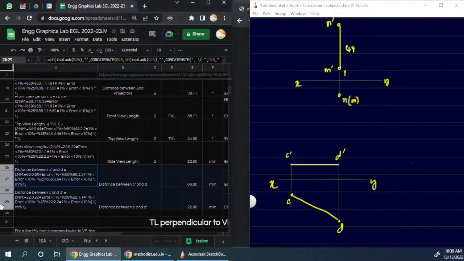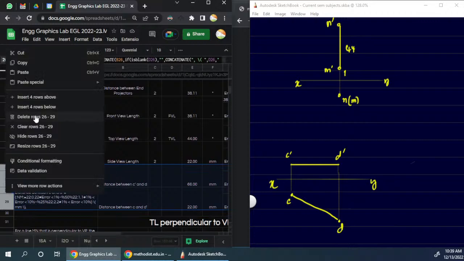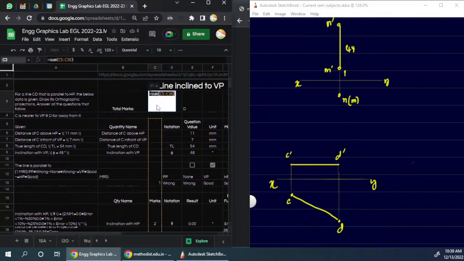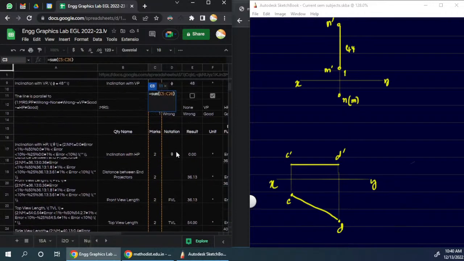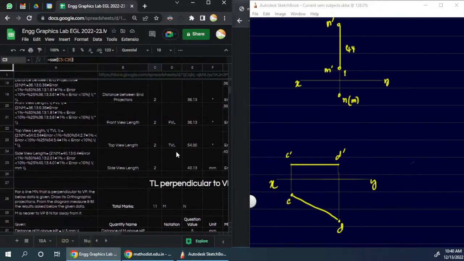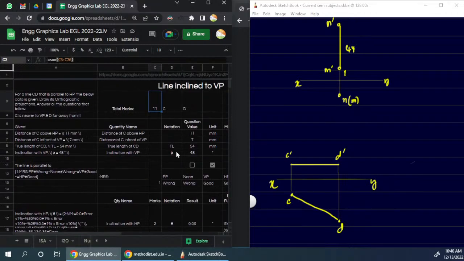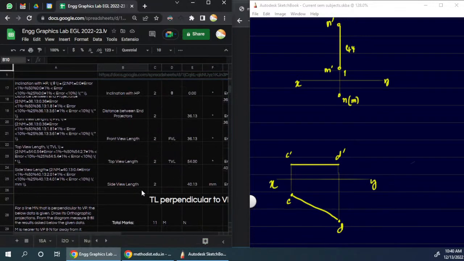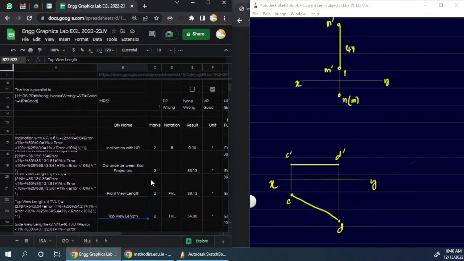Let me just remove it totally. That's good to go. Side view is going to go right there. Fine, so I guess we are done with this question.